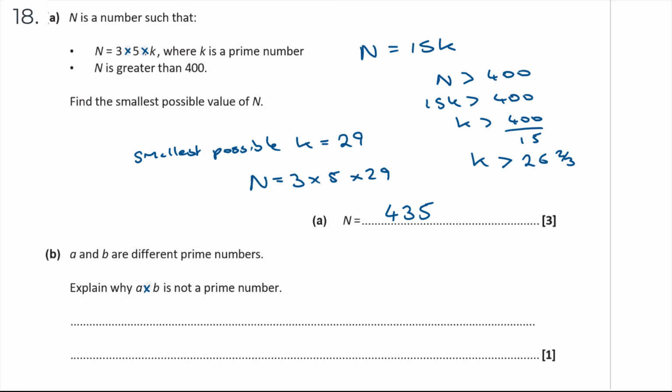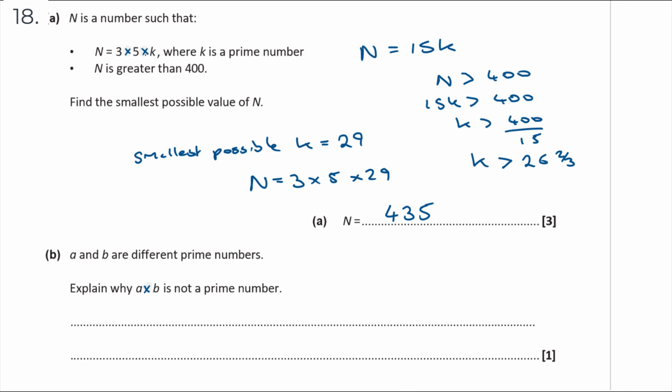And then part B says a and b are different prime numbers. Explain why a times b is not a prime number. Well, it's not a prime number because both a and b are factors, aren't they? And a or b can't be 1, so it's not like it's only got 2 factors, 1 and itself.